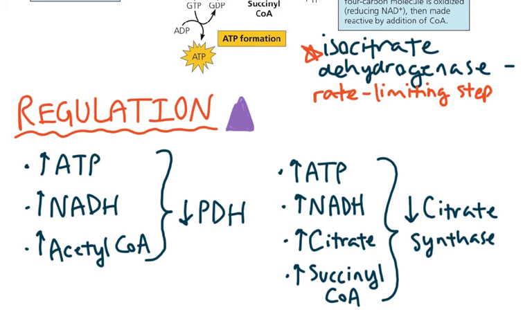For example, pyruvate dehydrogenase complex, the thing way back in the beginning that made pyruvate into acetyl-CoA, is going to be inhibited by high levels of ATP and high levels of NADH, and those two things make sense, right? Because the whole point of cell respiration and the citric acid cycle in particular is to get ATP, well, the equivalent, which is GTP, and NADH. So that makes sense, right? Products inhibit the continuation of the reaction.